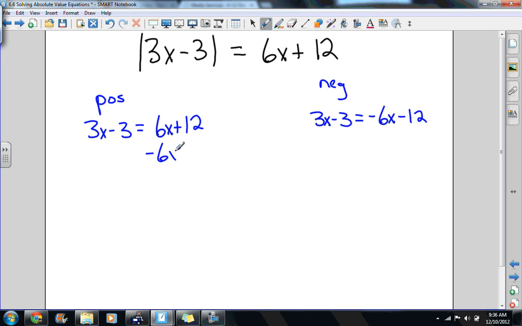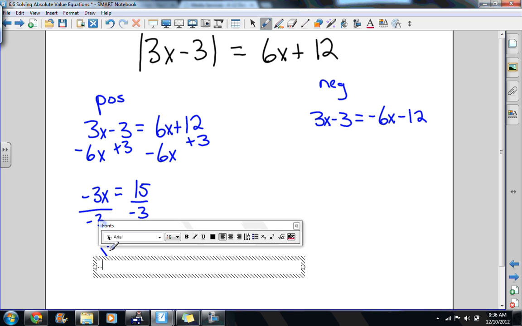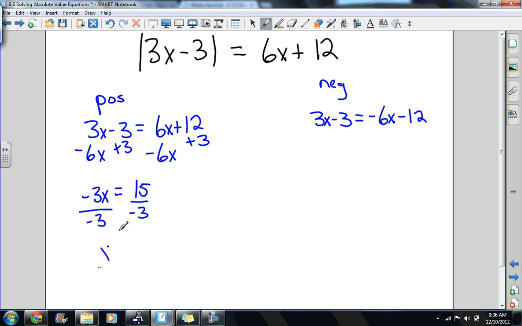So I'm going to subtract 6x, and I'm going to add 3. I'm going to combine them together because you have done these a lot. We get 15. We divide by negative 3, and x equals negative 5.